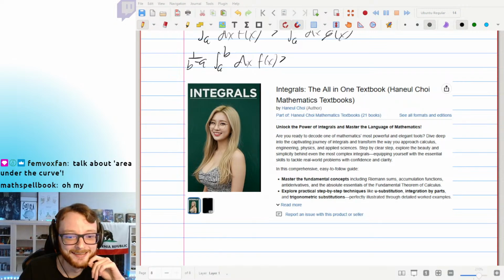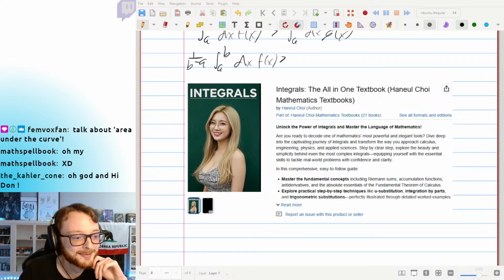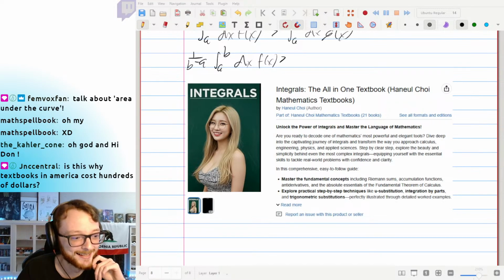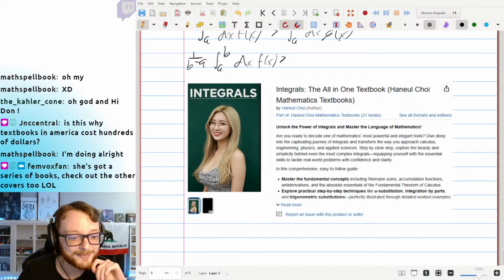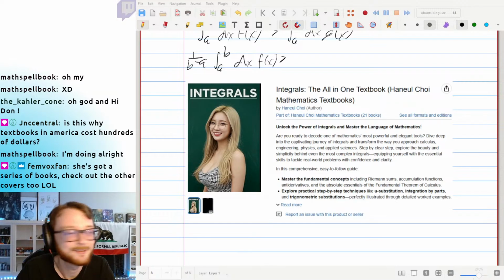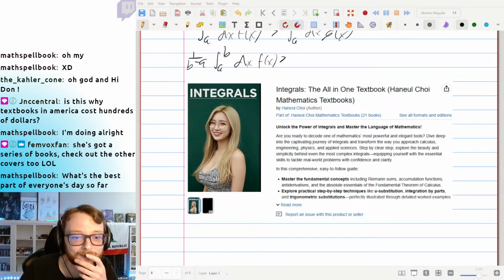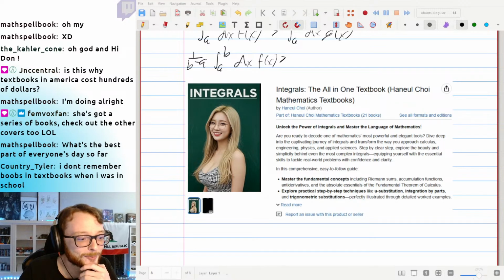Hope you're doing well, there's definitely no ulterior motives here. The textbook costs hundreds of dollars. A series of books. Oh my god. Ugh, what's happening? Oh my god, it's all the same woman too, in different outfits. That's hilarious. Remember boobs in the textbook? Me too, Tyler. I feel like I was missing out. Oh, that's hilarious.